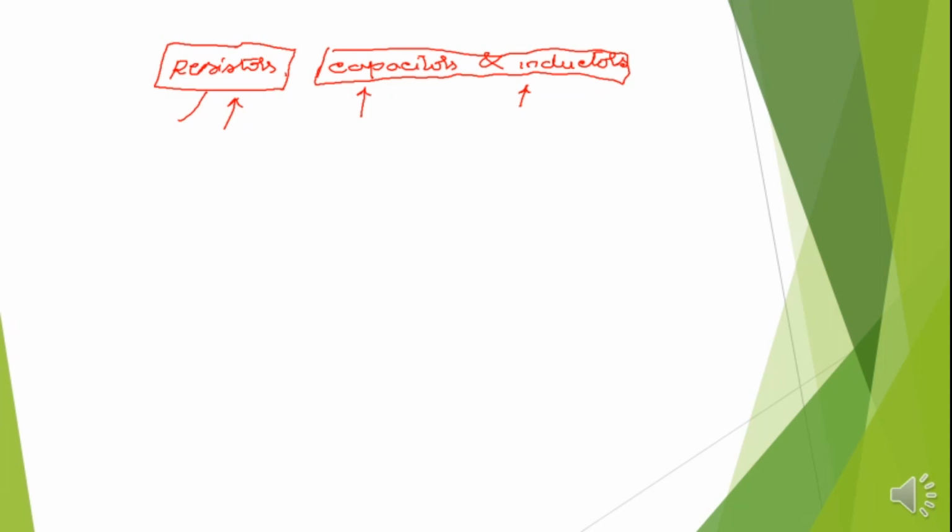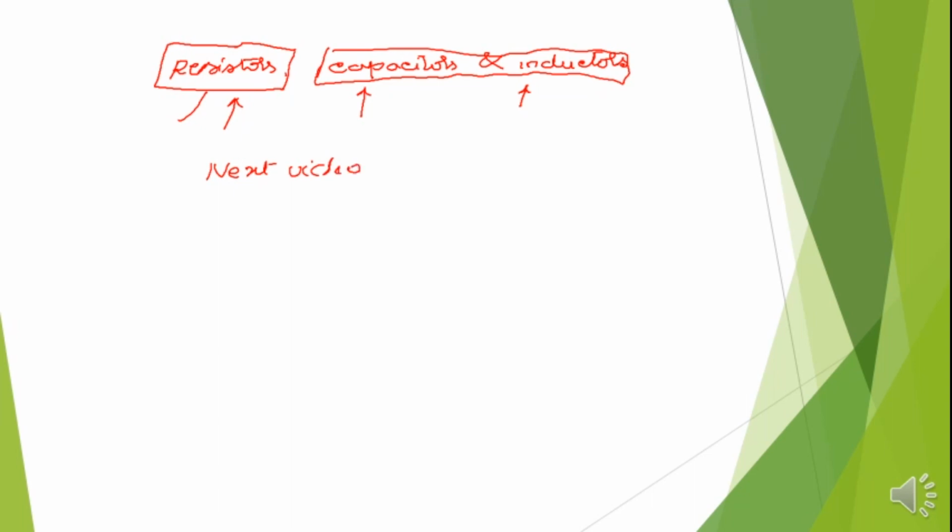What happens to the capacitor when a sudden change in input or switching takes place? Or what is the behavior of the inductor? These element behaviors we'll study in the next videos.